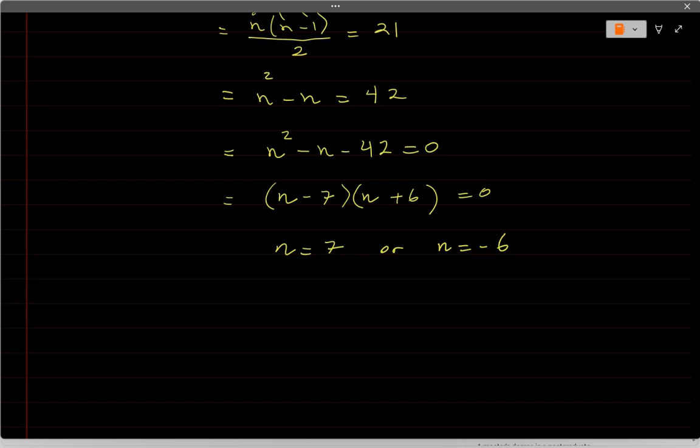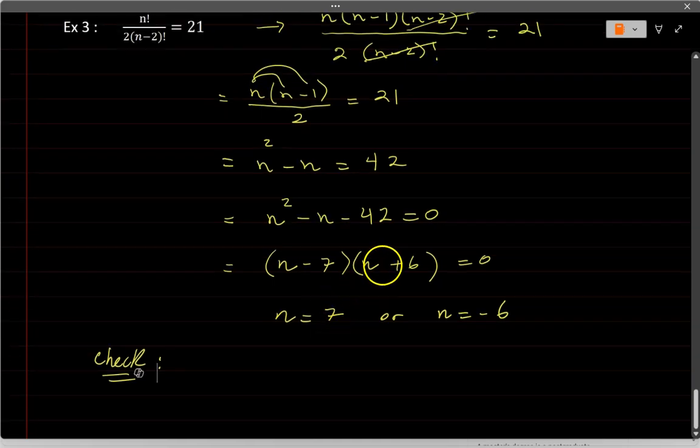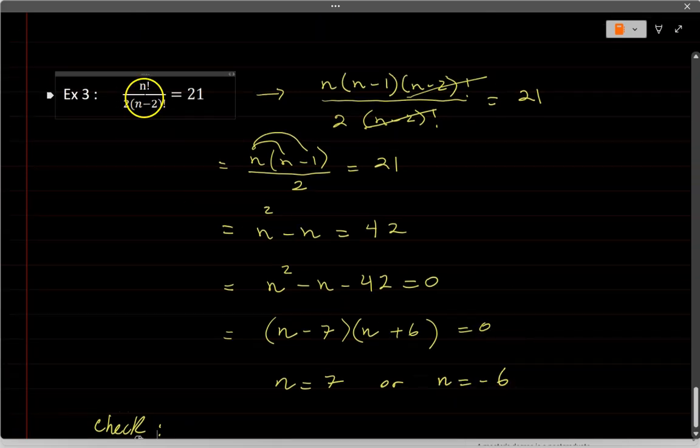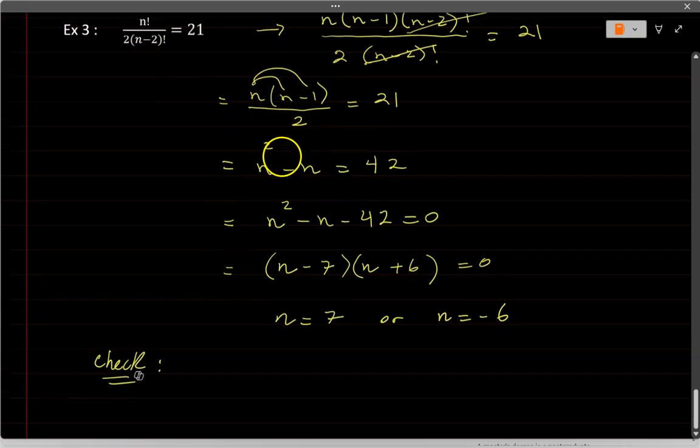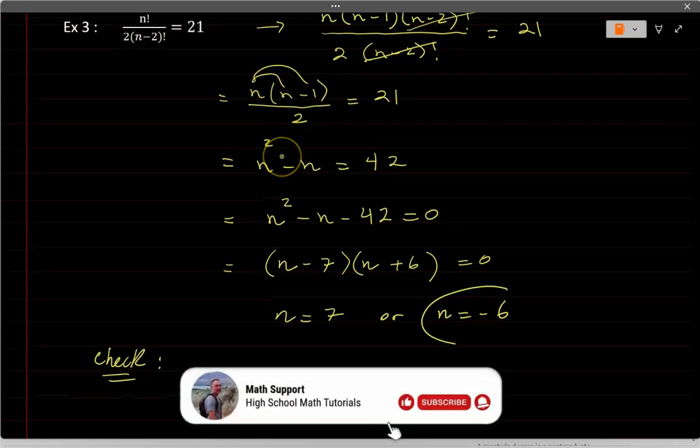All right, now we're going to go ahead and check. Make sure that it falls within the definition of the factorial. First of all, right away, when n is negative 6, you plug it back in there. Notice that you get negative 6 factorial. There is no such thing. So you can immediately reject that value.